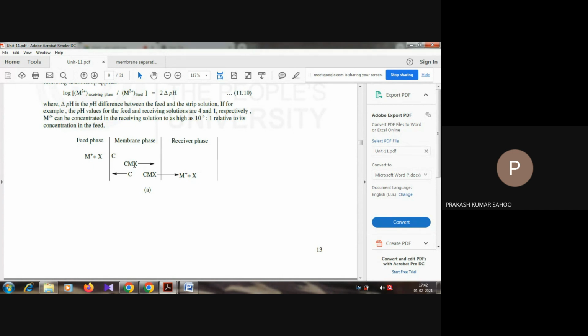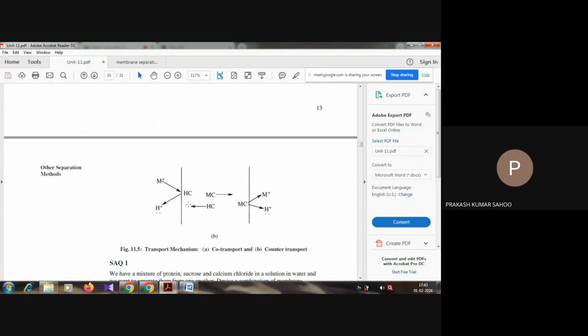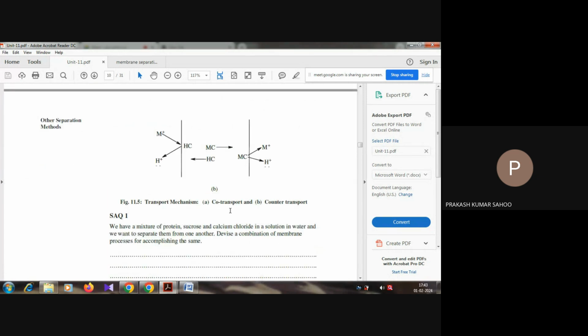It will be CMX, and after that, when CMX is passed through another barrier, this is the membrane phase. After this membrane phase, the C will remain, and the M plus X minus will be filtered or separated.